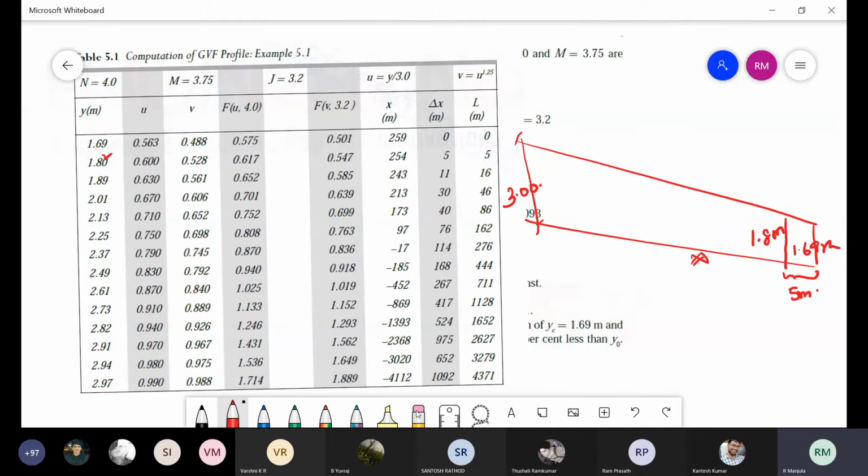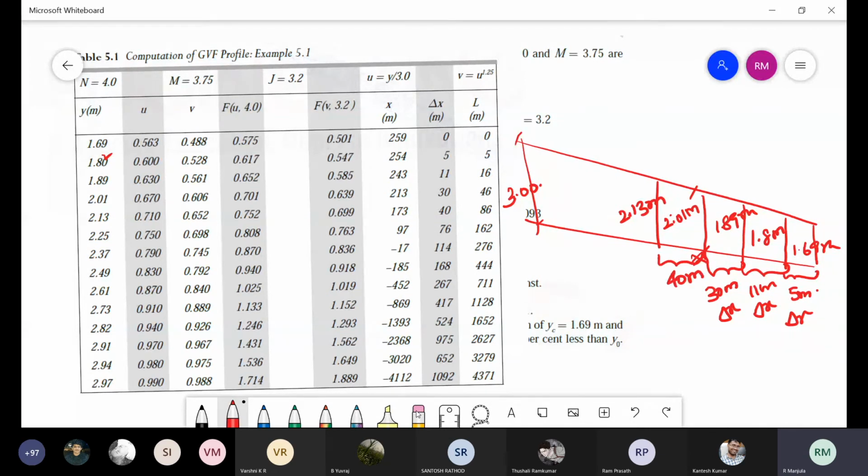When this is 1.89 meter, this is 11 meter, and when the depth is 2.01 meter, this length is 30 meter. This is going to be your delta x. And when it is 2.13 meter, then your delta x is going to be 40 meter.